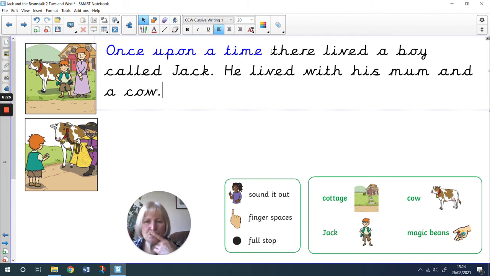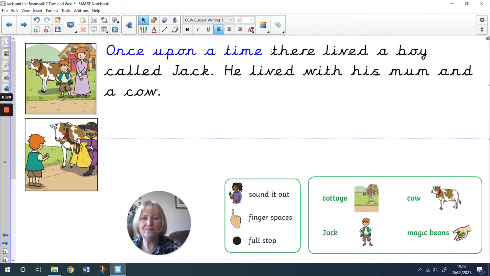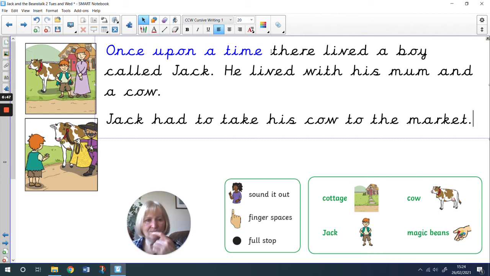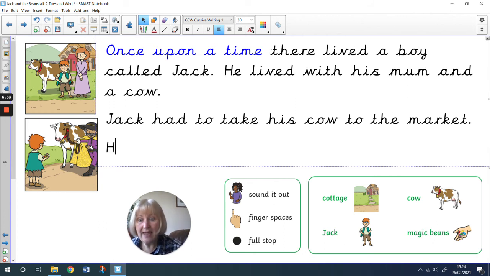Now, I'm going to say Jack had to take his cow to the market. Jack had to take his cow to the market. He met a bean seller.